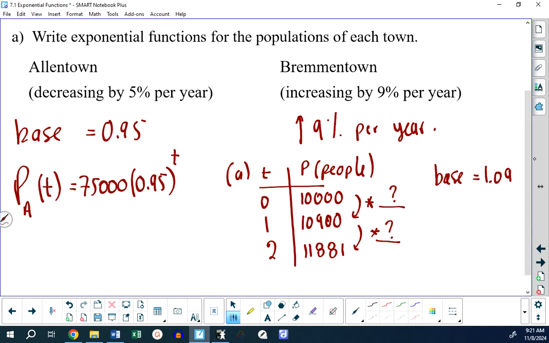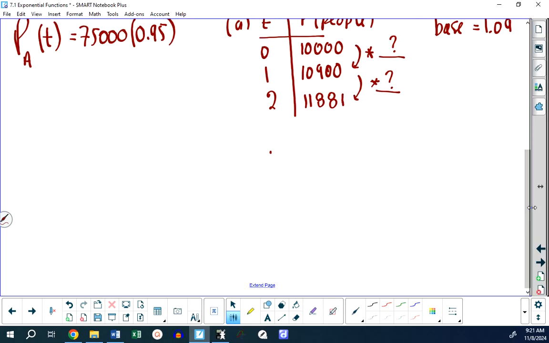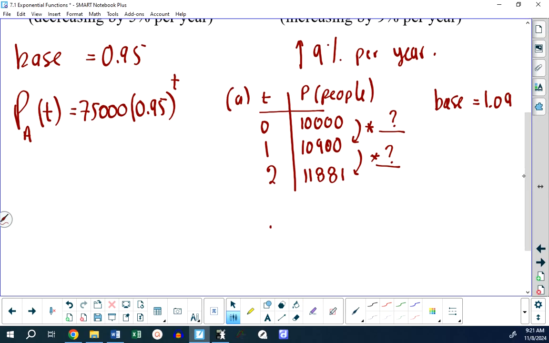The population of Brementown as a function of time would be the 10,000 times 1.09 to the t.